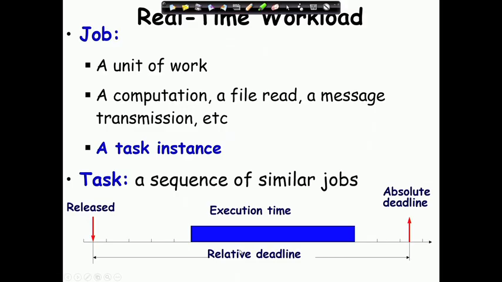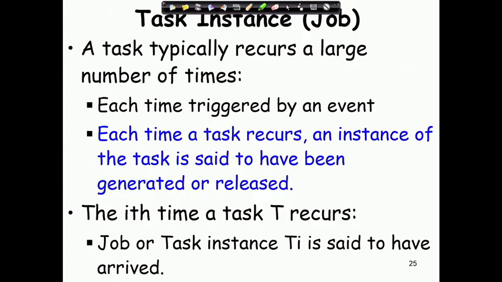Whereas, if the deadline is computed or reported with respect to the release time, then we call it the relative deadline. That is what we have shown here. The relative deadline is from the task release to the deadline, whereas the absolute deadline is from time 0.